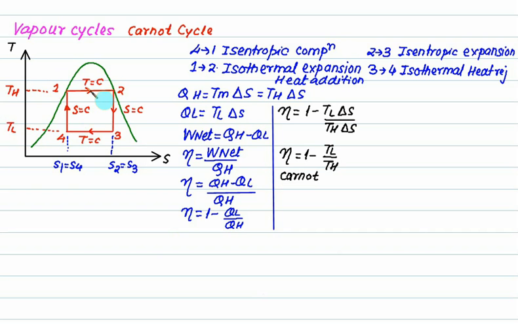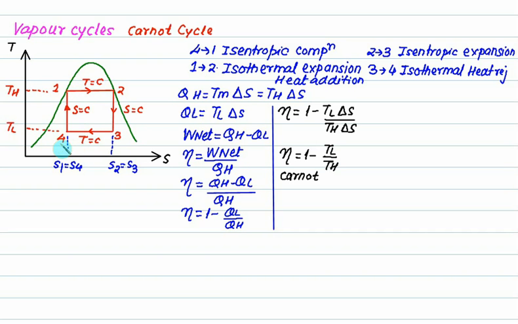The Carnot cycle is not practical because one process is isothermal and the other process is isentropic, and we are performing isothermal and isentropic processes continuously. One process is working at very low speed and one is working at very high speed, so this is practically not possible.